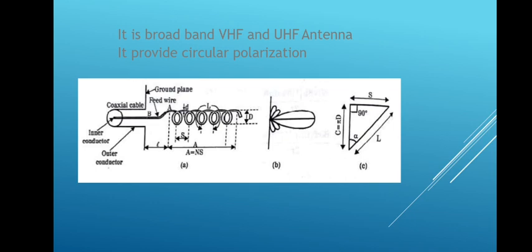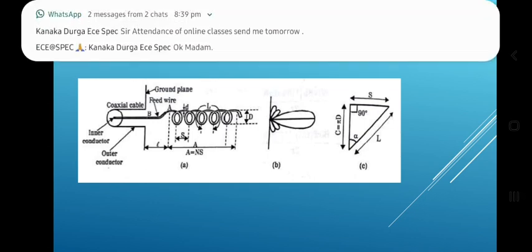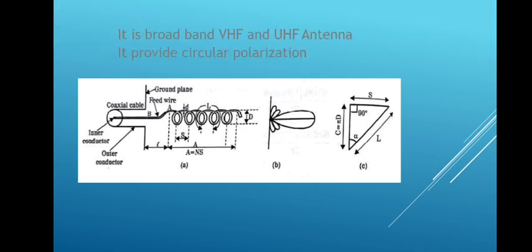For example, take 10 ohms as the radiation resistance and 50 ohms as the loss resistance. What is the efficiency of that antenna? Apply the formula we just discussed: 10 by 10 plus 50 equals 10 by 60, which is equal to 1 by 6, which is about 16.66%.